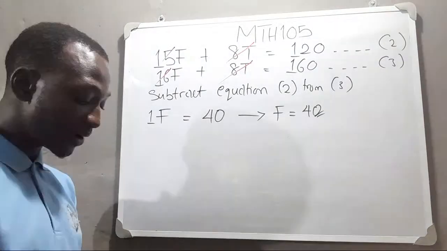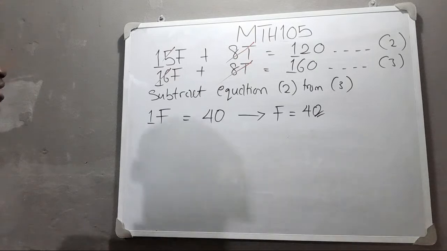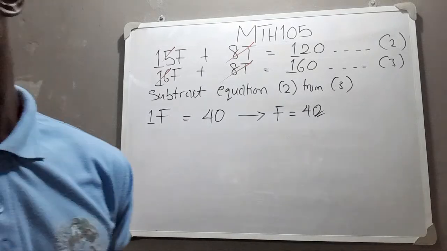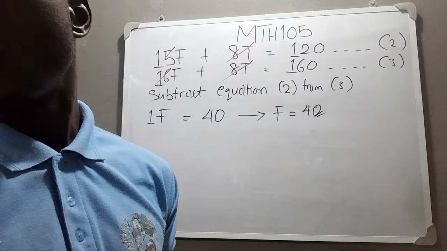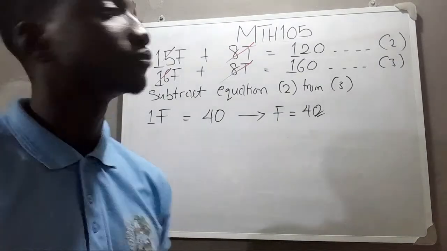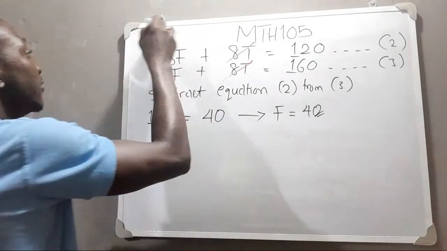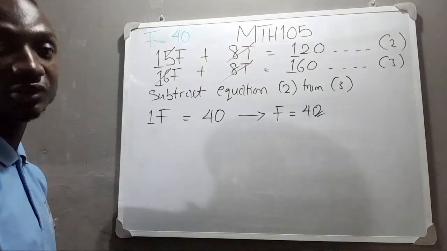So now that we have our f, let's just write our f here. Since we have our f already, we can move on. So we have f equals 40.